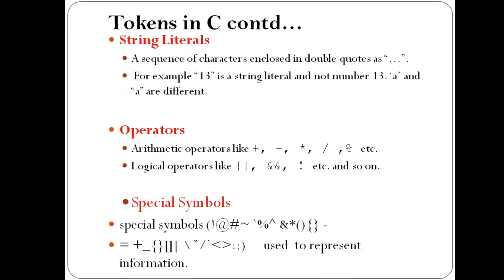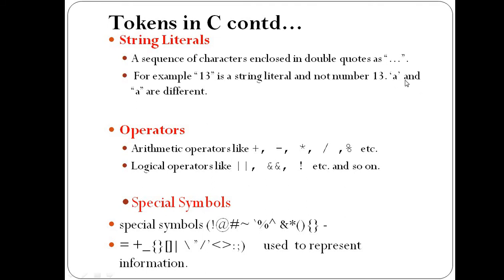Then third, tokens in C, called string literals. String literals means a combination of characters enclosed in double quotation marks is called a string. A single alphabet is called a character, and a single character is denoted in single inverted commas.